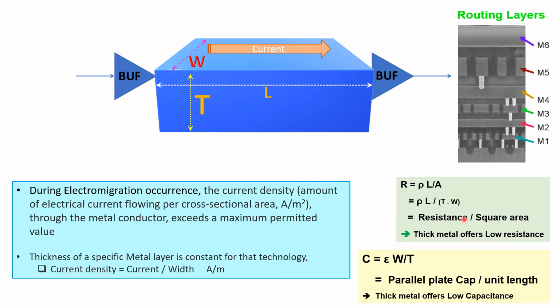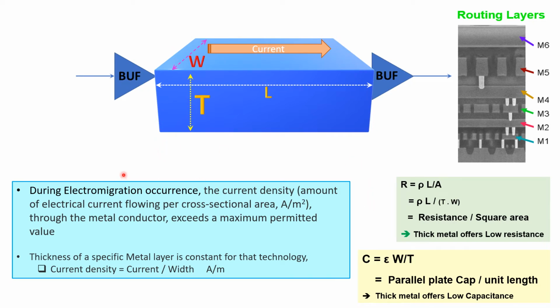And coming to the parallel capacitance, it depends upon epsilon A by D, but here we are talking about per unit length. Assume that there is one more layer beneath. What is the parallel capacitance between this layer and the one below?